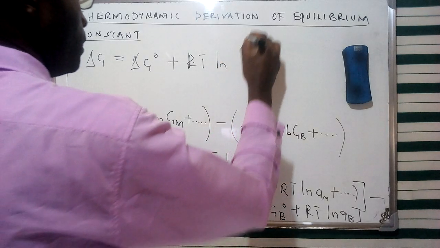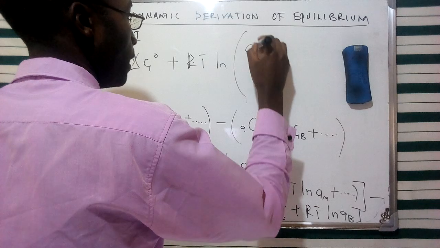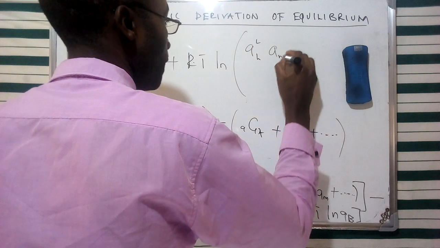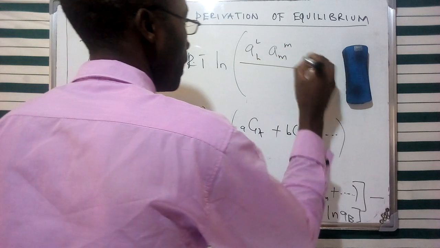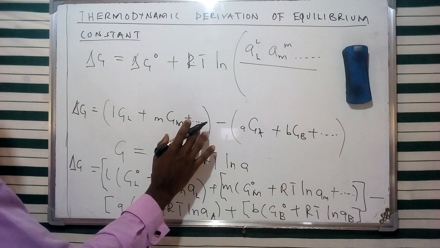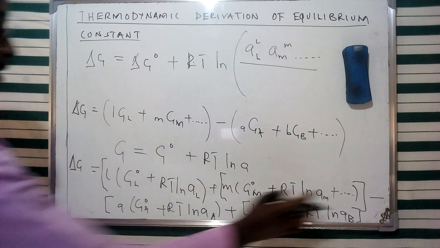So therefore for this specific case, we are going to introduce the coefficient of A_L to the power of L, and then A_M to the power of M. Those coefficients are going to go a long way, so long as this specific condition for other products have been catered for and the reactants in that specific order.